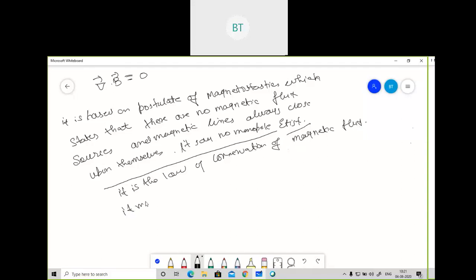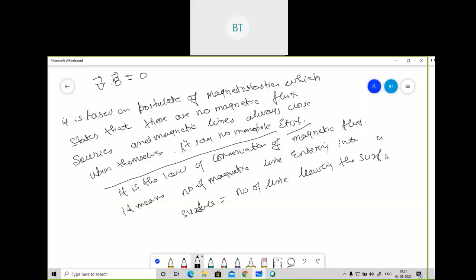It means that no magnetic line, it means the number of line. So what I have written here, it has simple meaning.